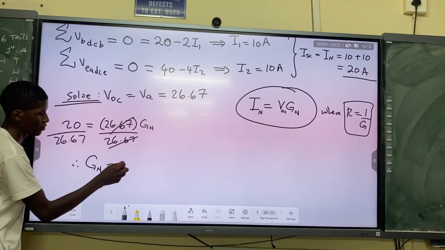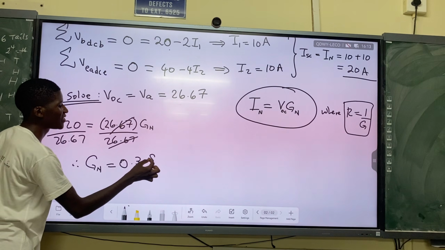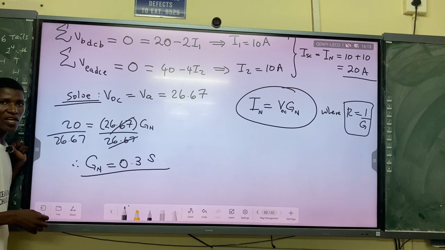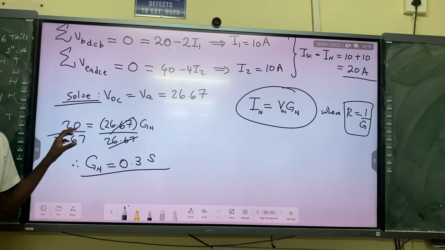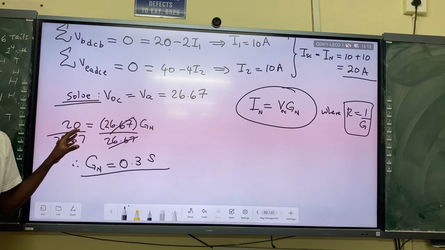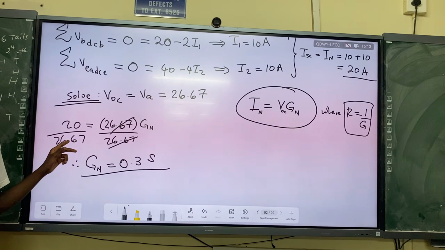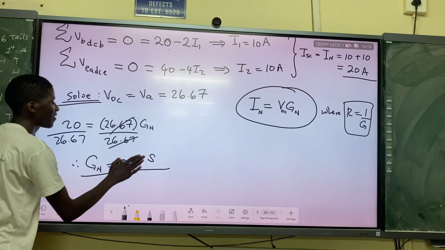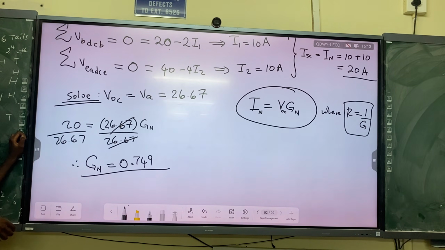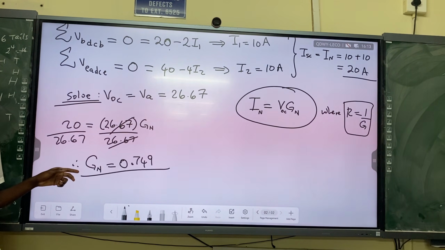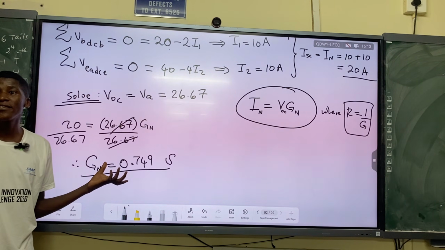It is 0.749. So the conductance here is 0.749 Siemens. So this is the Norton's conductance.